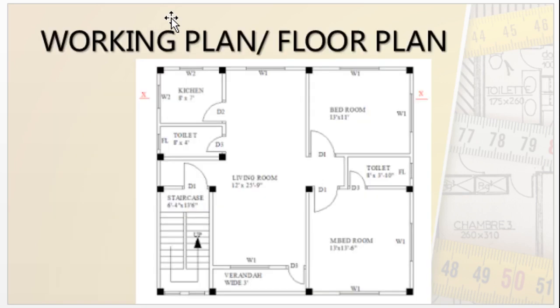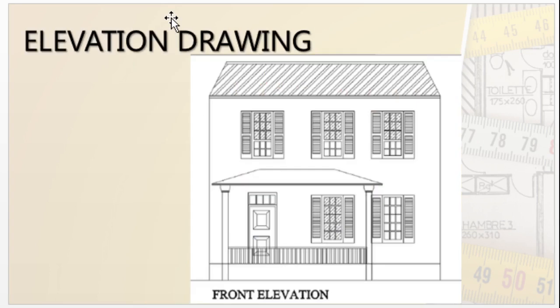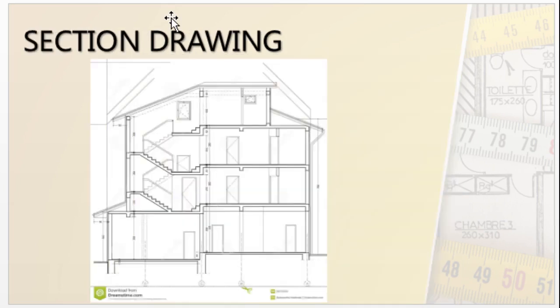Then the working plan or floor plan, which we'll be watching today. This is an example of a floor plan. Then the elevation drawing, which is how we see any building from outside in an elevation view. And also the section drawing: if we take sections along different points through the building, how it will look is called a section drawing, or section view.